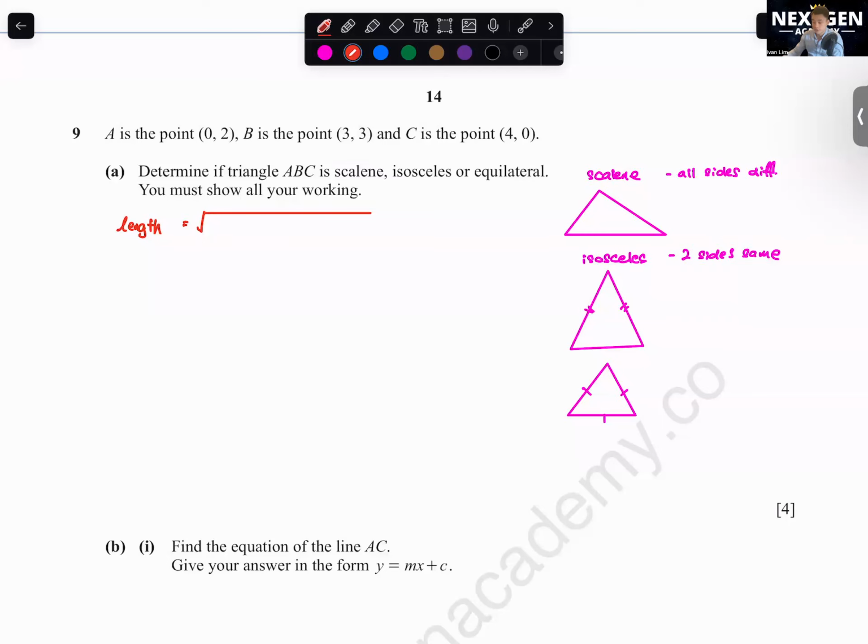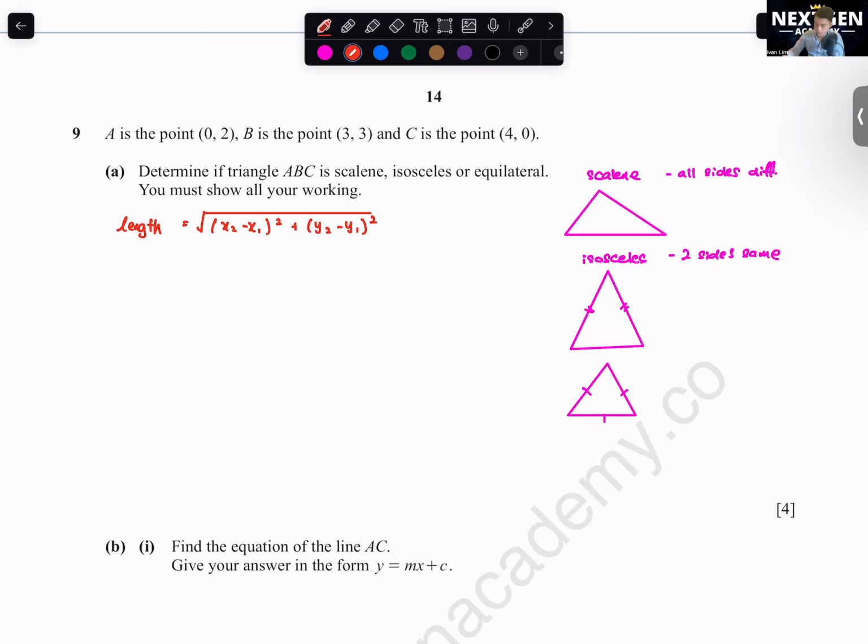Okay, do you all remember now? Square root of (x2 minus x1) squared plus (y2 minus y1) squared. You have to memorize this formula. So if I want to find the length between 2 points, I need to use this formula. Which topic is this under?